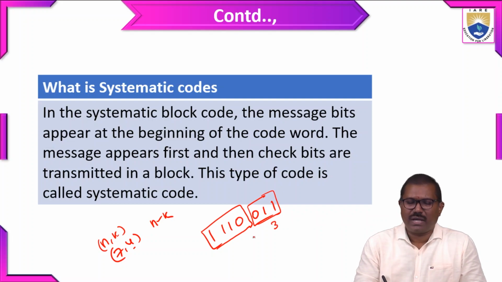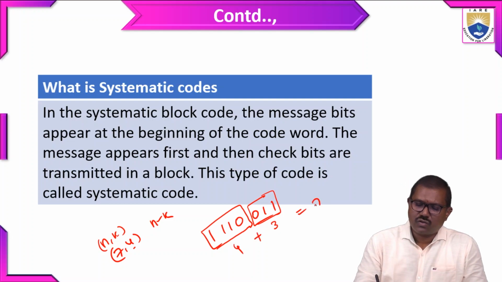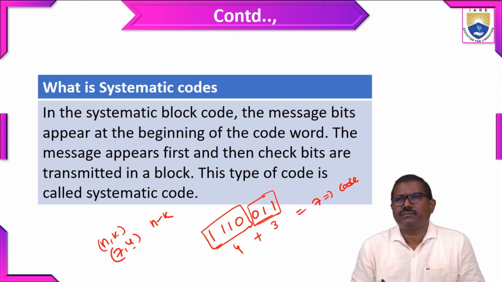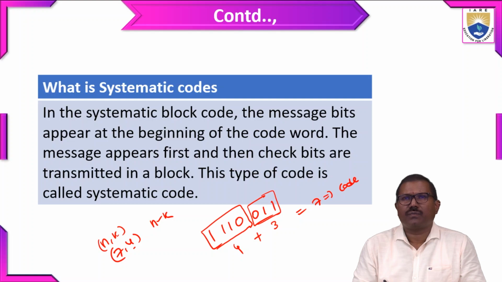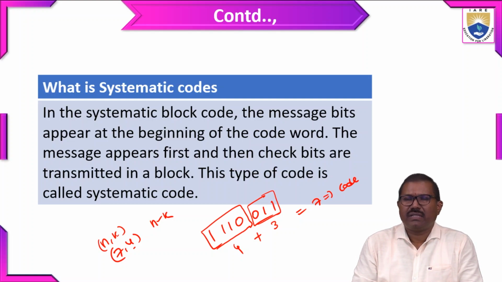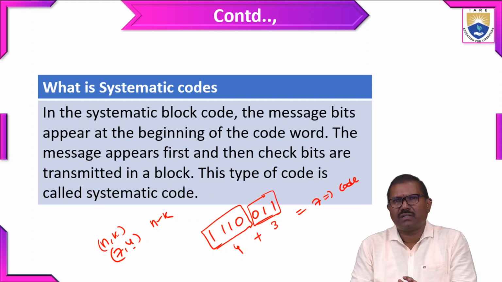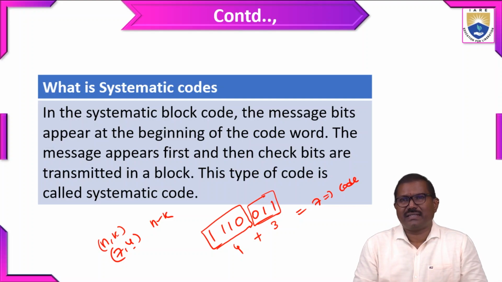So these are 3 parity bits and 4 message bits. 4 plus 3 is 7, which is the code length. So the code has a length of 7 bits: in these 7 bits, 4 are message bits and 3 are parity bits. In any code word, if the message bits appear first and then the check bits, it can be called systematic.